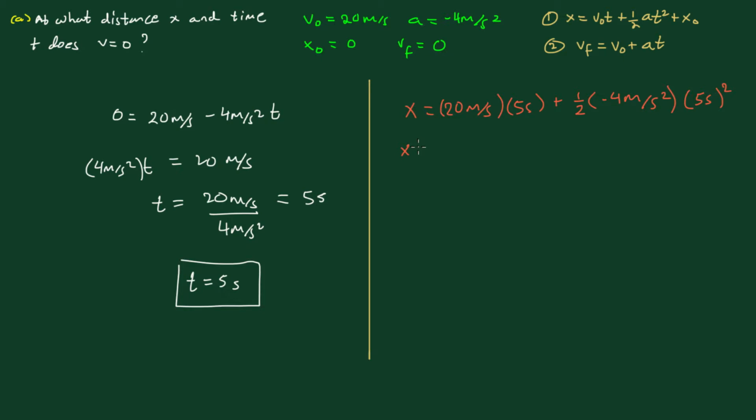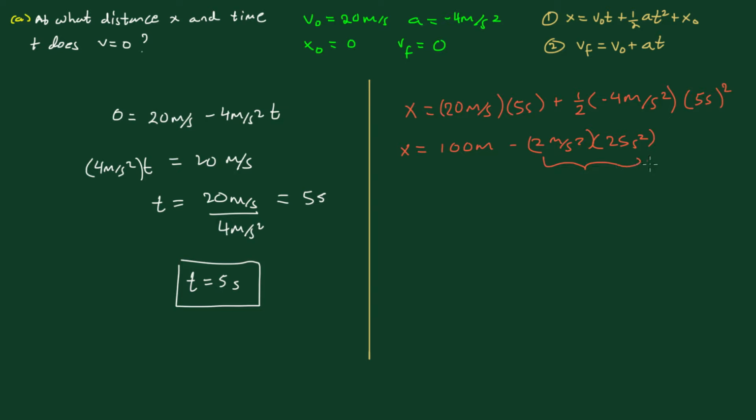So this means we're going to have x is equal to 20 meters per second times 5 seconds. That's going to be 100 meters. And then over here, we're going to have half of negative 4. That's going to be negative 2, right? So minus 2 meters per second squared times 25 seconds squared.